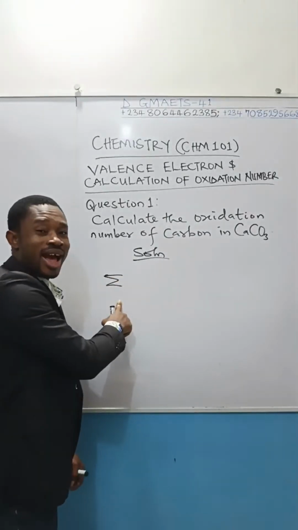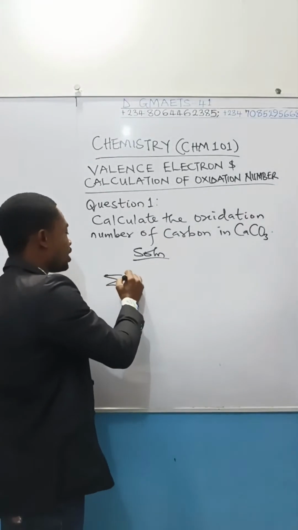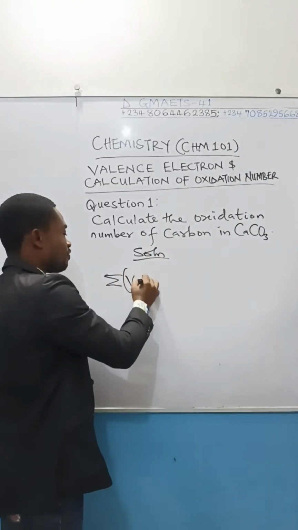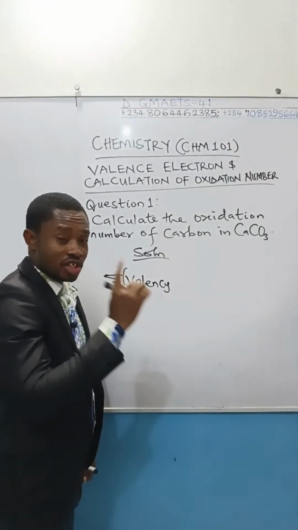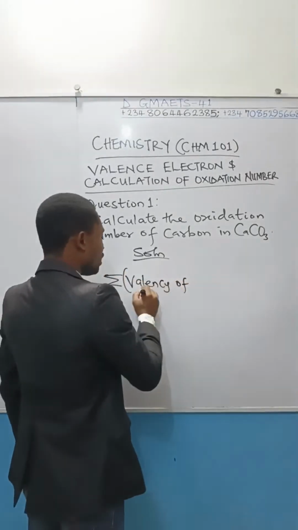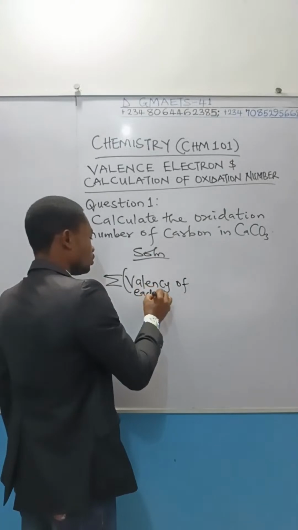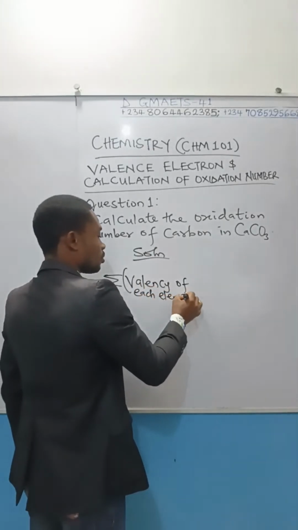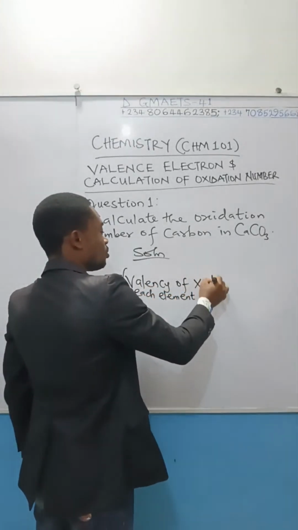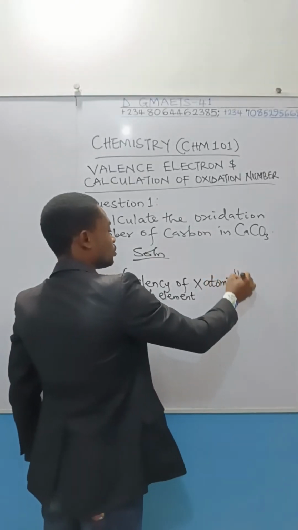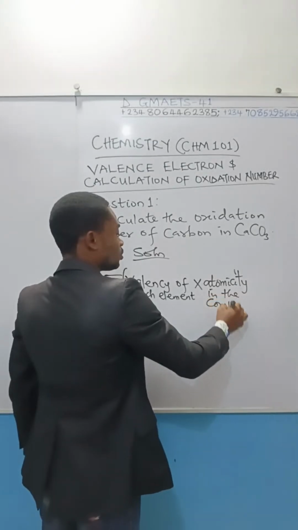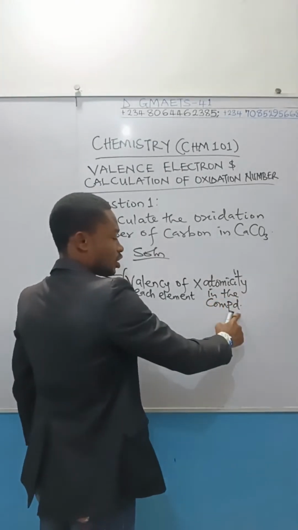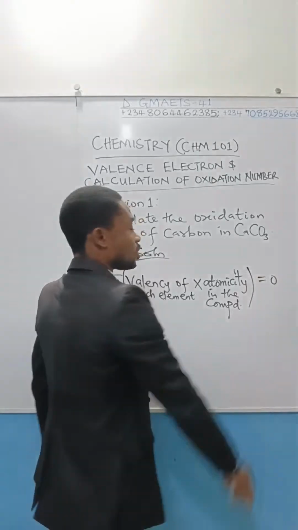This summation means add. Add the valency, that is summation of valency of each element times its atomicity in that compound. I'm abbreviating compound to be this. Then equate it to 0.